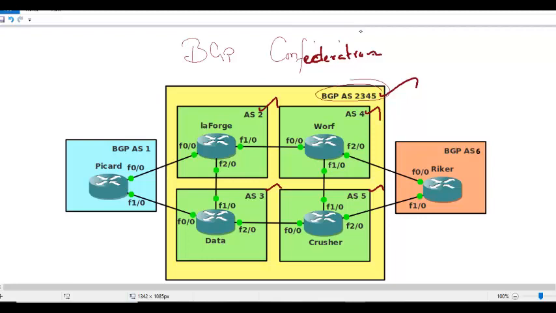The route learned from one IBGP should not be given to another IBGP. That's the issue. To solve that issue, we had two solutions earlier. One is route reflector, the other one is full mesh.